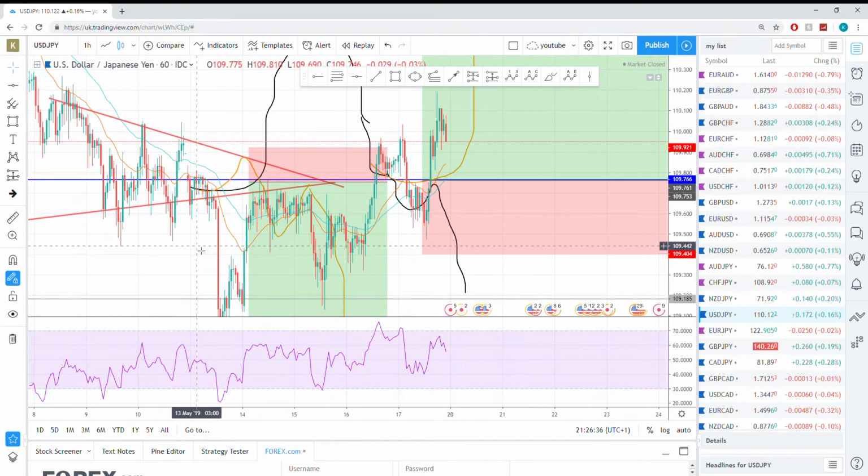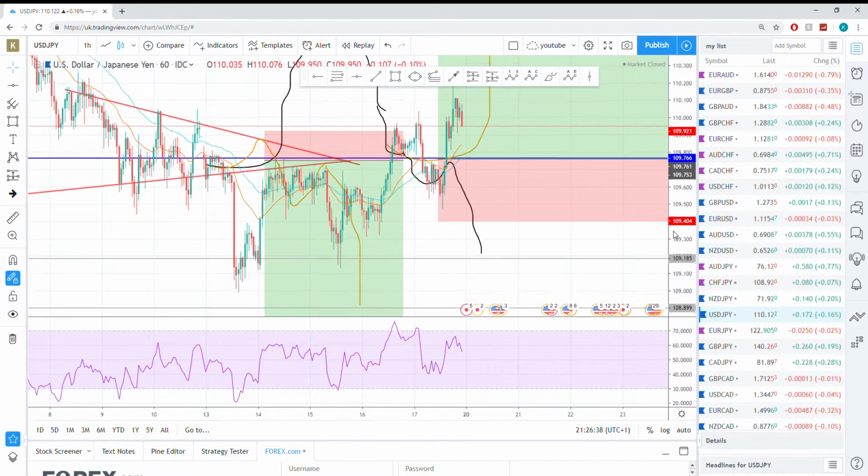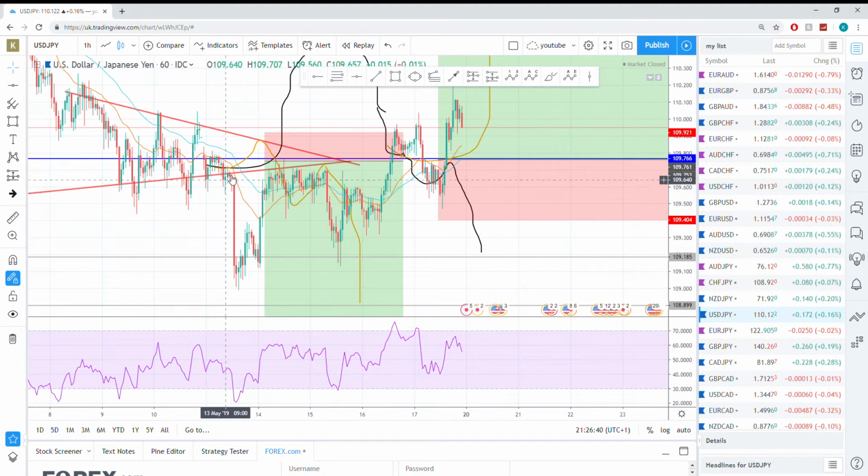That would have been the point of entry because we got the push, we got the retest, and then we wait for price to overpass the first initial push, which we got here. So the perfect entry would have been around here, and like I said, that would have been another 0% drawdown.